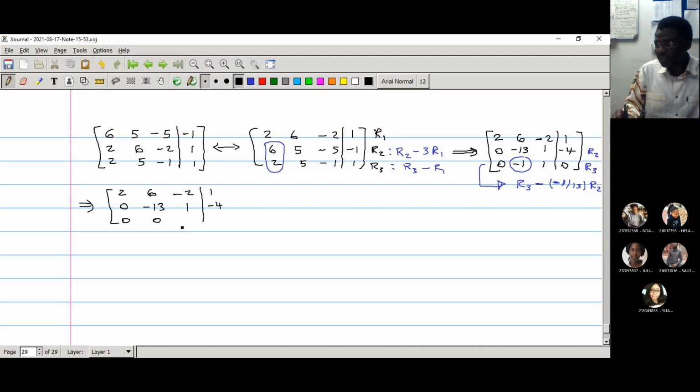Okay, so now what would this last entry become? If I multiply the way I said, this is 0. So I'm multiplying this. So this would be 1/13. If I perform this, it is 1/13. Right?